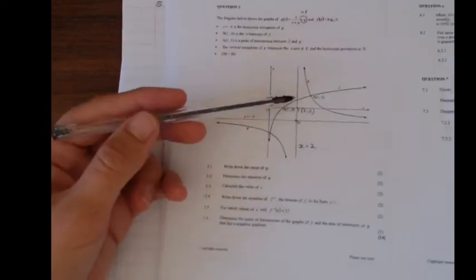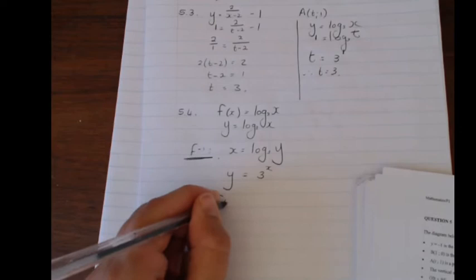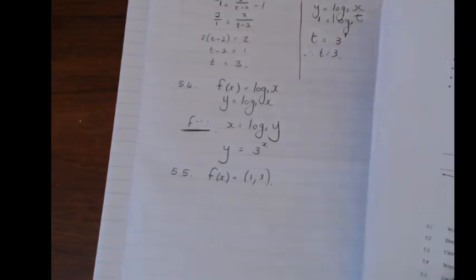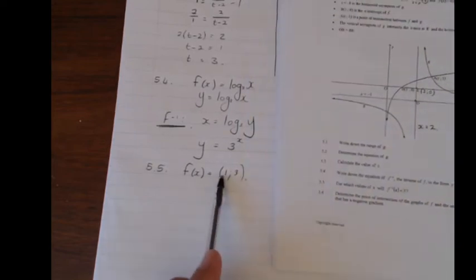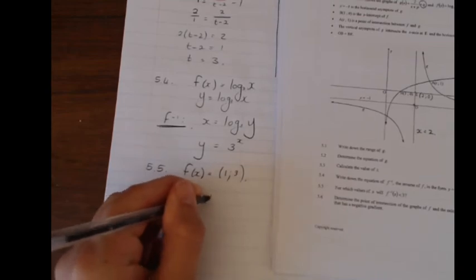The original function has the point (3,1) on it, right? So the inverse function will have the point (1,3) that lies on the function, and they want to know for which values of x will this function be smaller than 3. Below 3, so x must be below 1. X must be below 1.